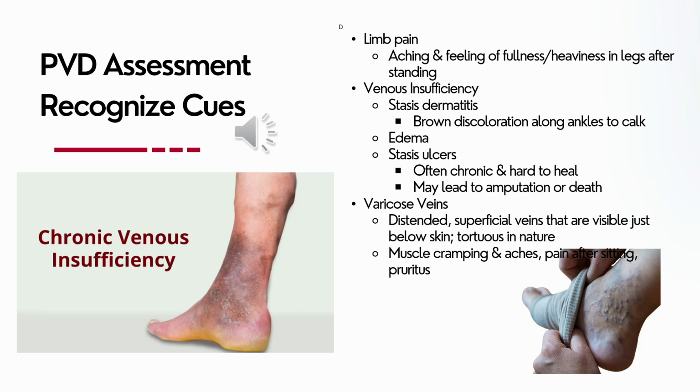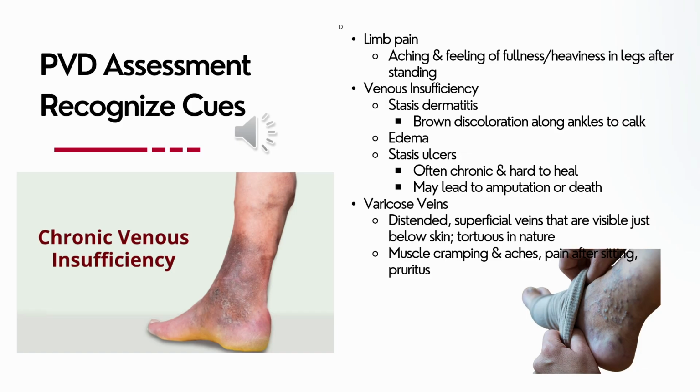So for venous insufficiency, upon our physical assessment, we may see what's called stasis dermatitis, which is kind of a reddish brown discoloration along the ankles that can extend to the calf. A lot of you guys have probably seen this on some of the patients you took care of in the nursing home in your level 1 clinical. Edema is another key finding, particularly in both legs.